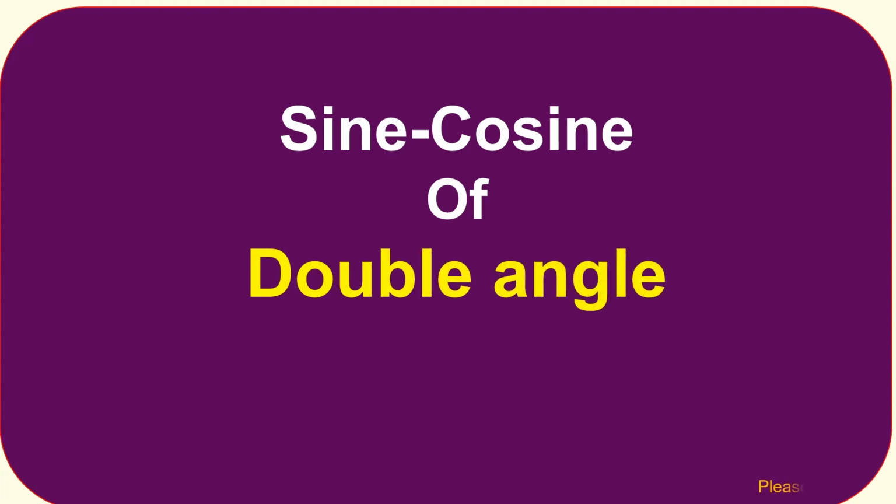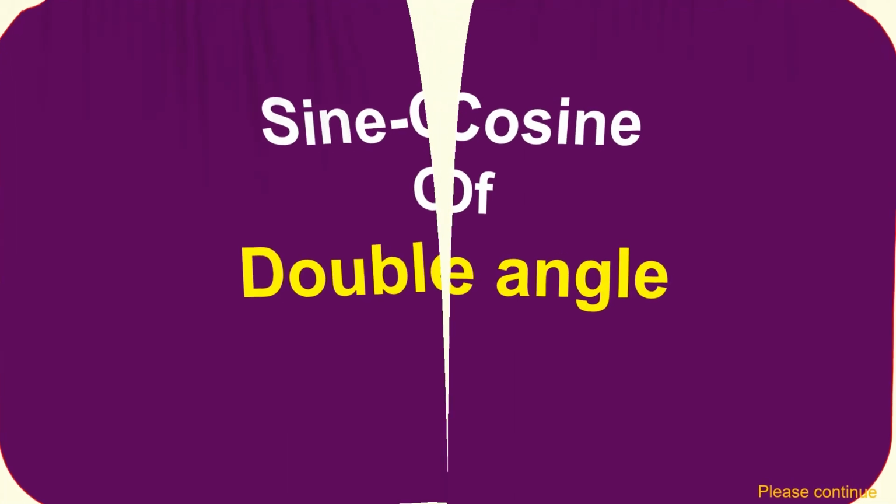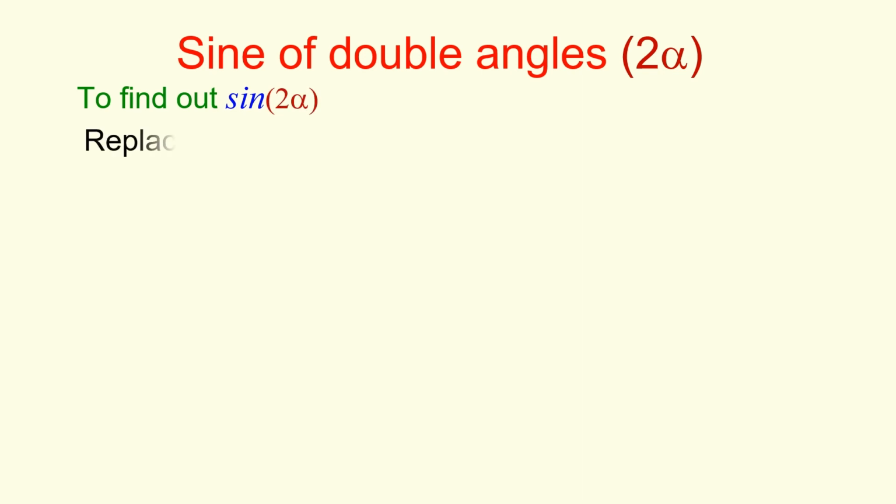Sine cosine of double angle. Sine of double angle 2 alpha. To get sine 2 alpha, replace beta by alpha in sine of alpha plus beta.